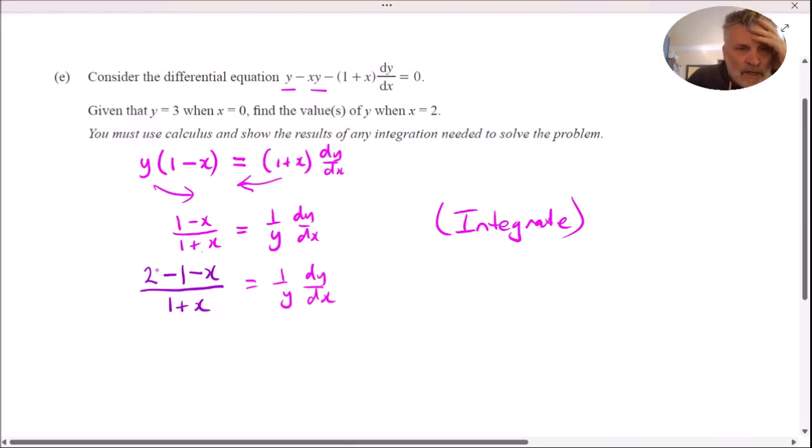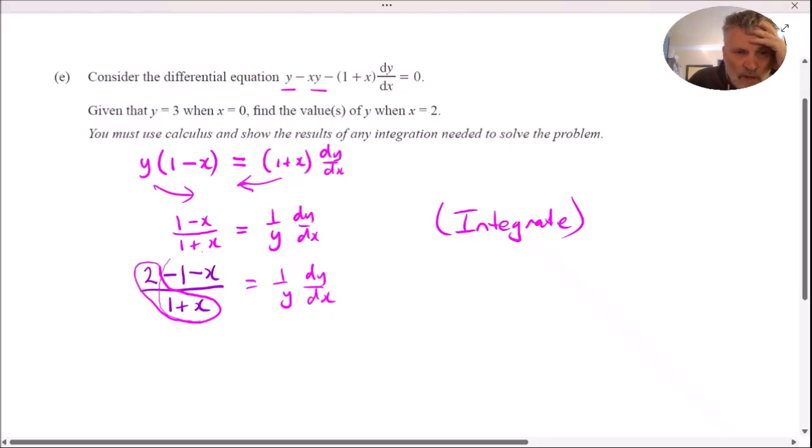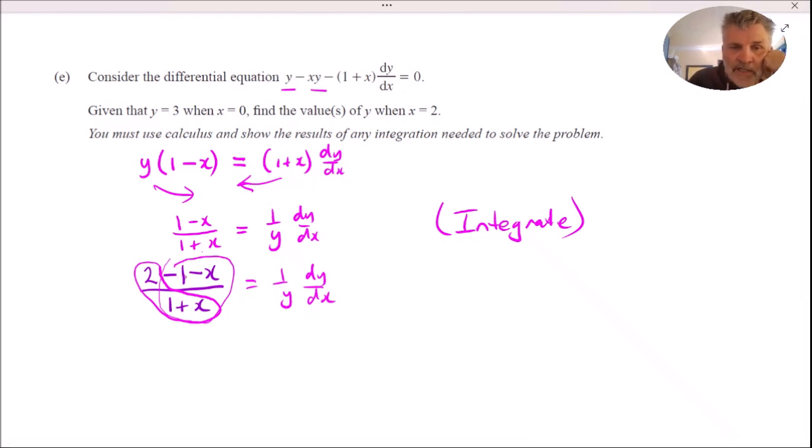We can then think of this as 2 over this, which is going to be straightforward, and we can think of this as minus 1 minus x over 1 plus x, and the numerator here is the negative of the denominator, so the second one is just going to become minus 1. So let me take the liberty of shifting this to the other side.